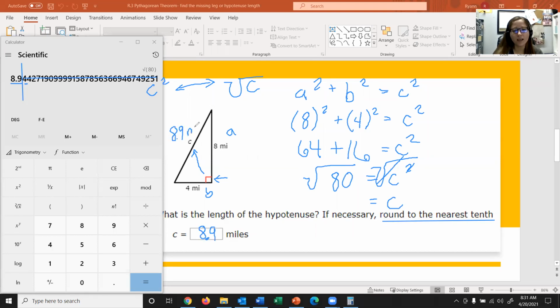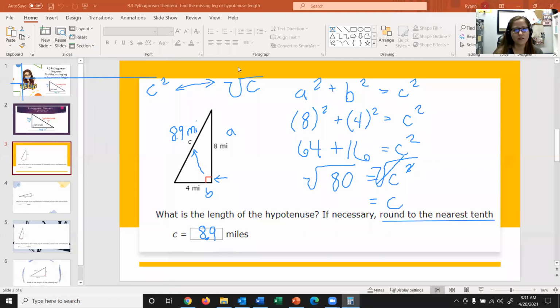So my question is for you, is 8.9 the biggest number? And we would say, yes, it is. 8.9 is bigger than 8. It's bigger than 4. So we did all the steps correctly. So it looks like it is a correct answer, and it is correct. All right. Let's look at another one with finding the hypotenuse.